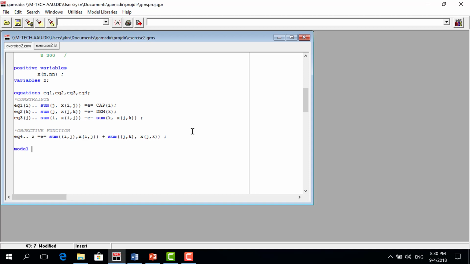And what else? We need to compile the model by naming the model here: transshipment. Because now we have only four equations, it is better to write it this way.